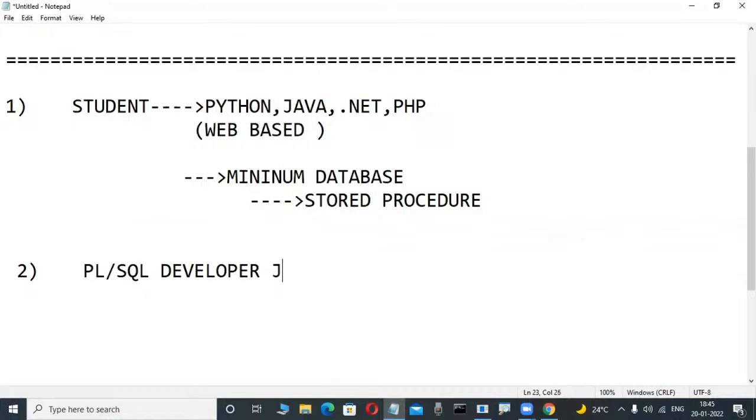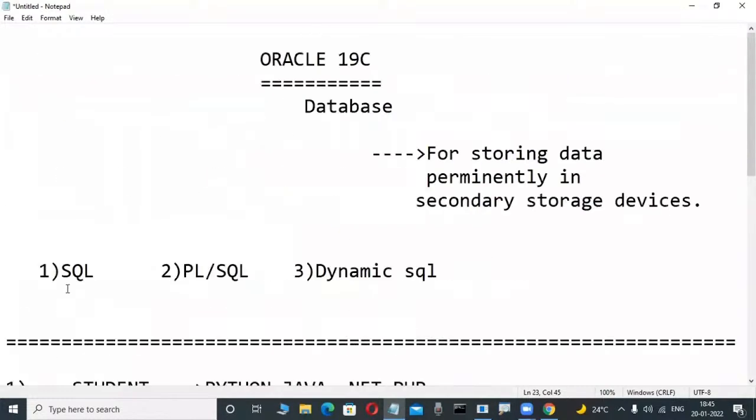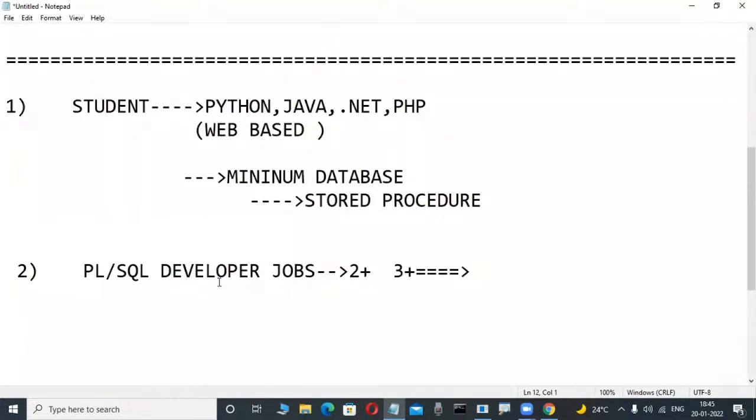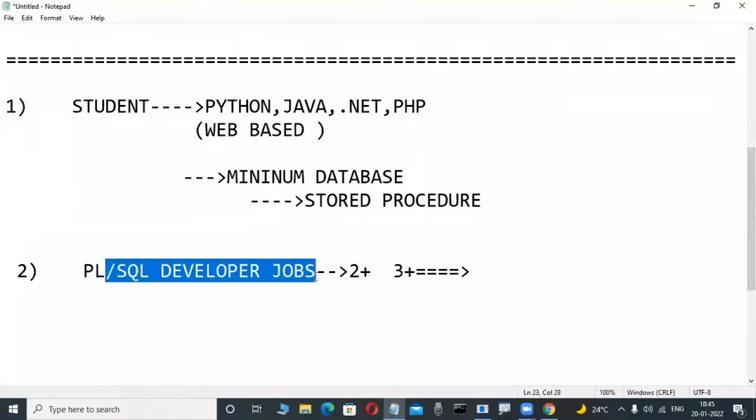Then PLSQL developer jobs are there, with a 2 or 3 years gap, maybe. Those persons are in our course, learning only for PLSQL developer purposes. So many fellows are learning this course from me. Actually, I'm a senior-most PLSQL developer, that's why I have very deep knowledge. I'm telling only in PLSQL.